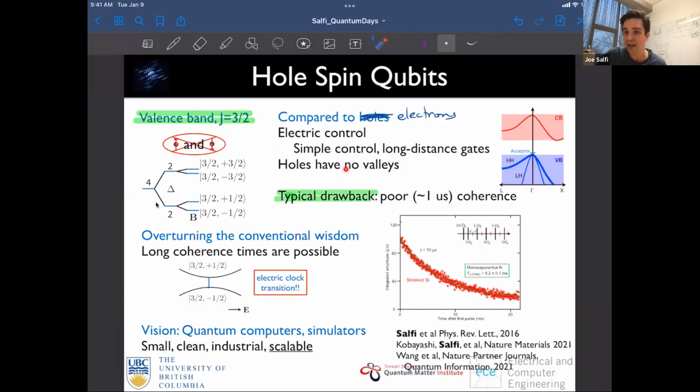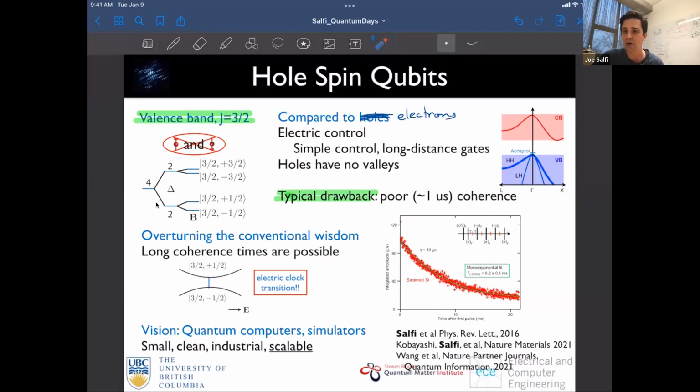these properties sound really great, but not at the expense of coherence, because you need coherence for quantum technologies. And in the past, like 15 years of research, there really didn't seem to be a way around this problem of poor coherence times. We're seeing 100 nanosecond to 1 microsecond coherence times.